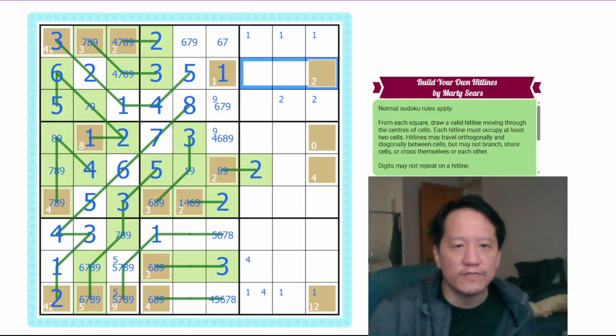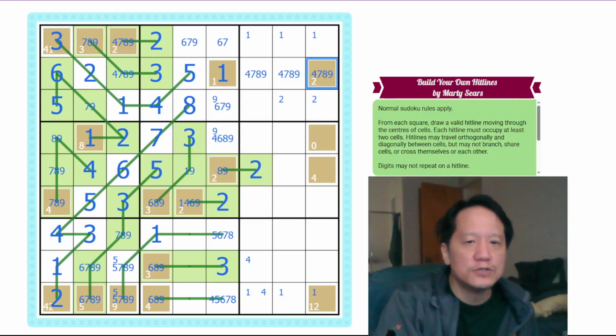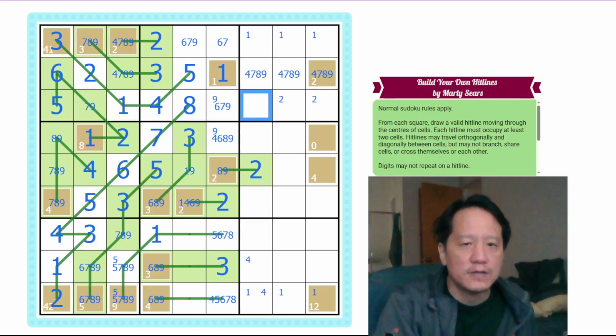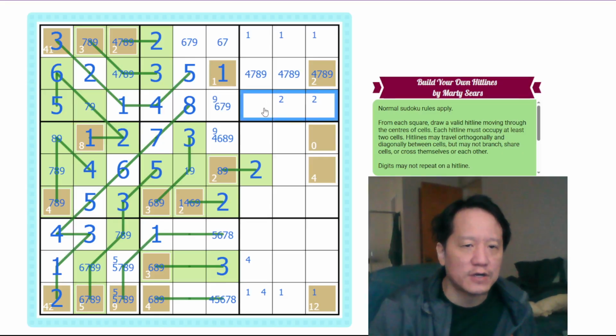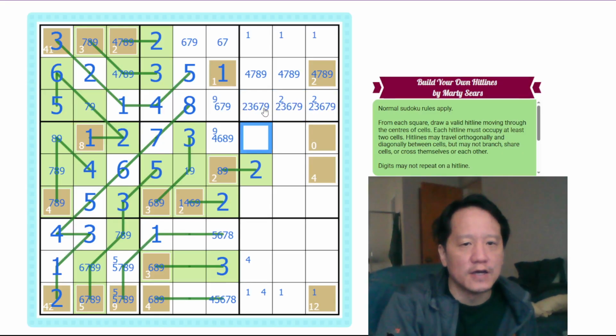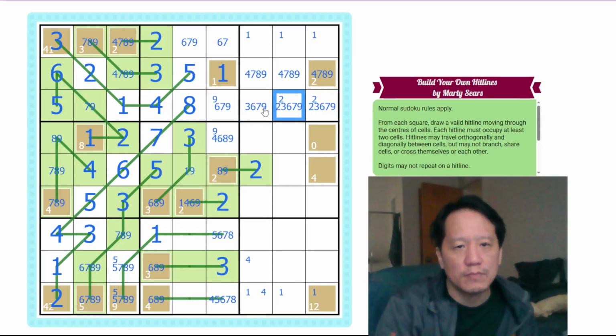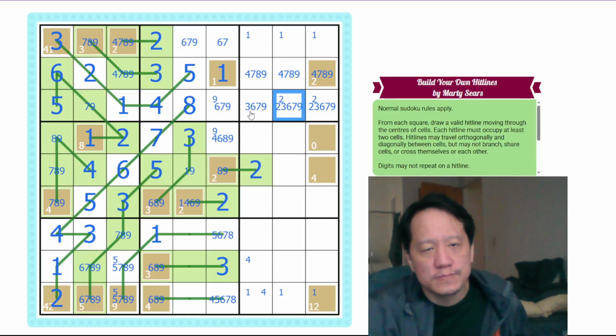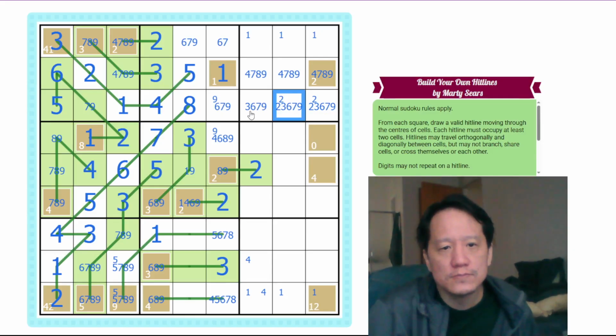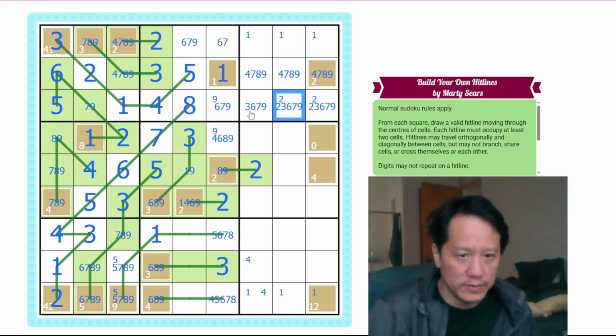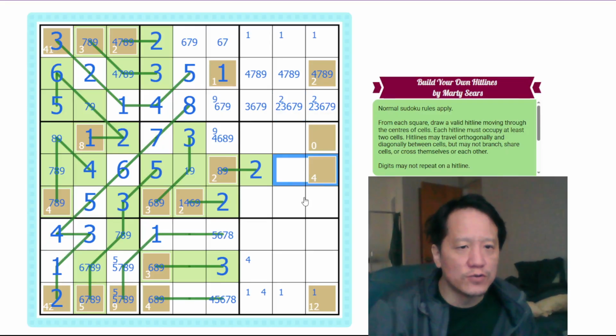Remaining digits of row 2 are 4, 7, 8, 9. Remaining digits of row 3 are 2, 3, 6, 7, 8, 9. 2 can't be here and must match here. Remaining digits of row 5.